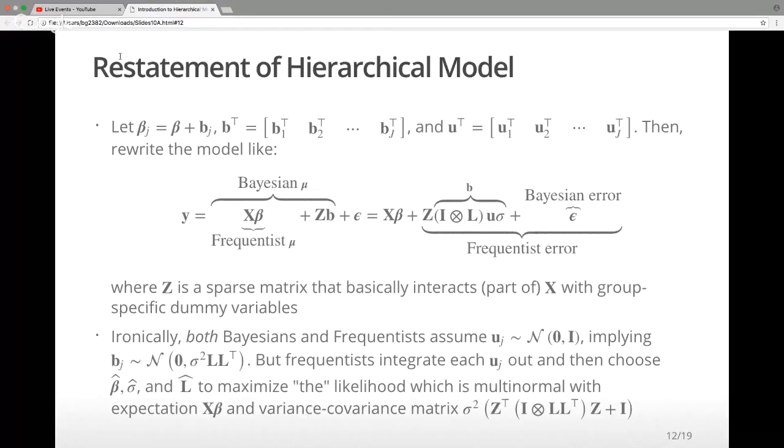Whereas Bayesians are conditioning on X and Z, and conditional on both X and Z, the observations are assumed to be conditionally independent, and thus the likelihood from the Bayesian perspective is just n univariate normals, all conditionally independent, multiplied together.